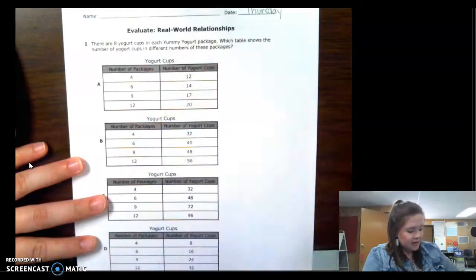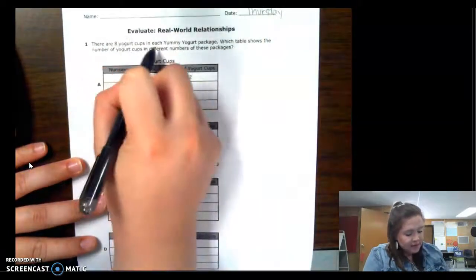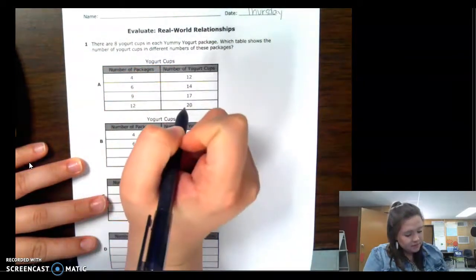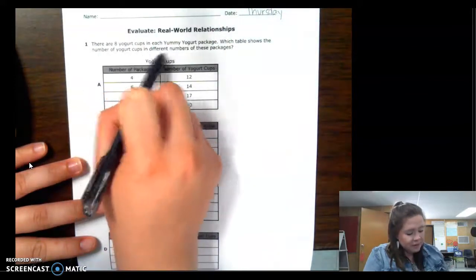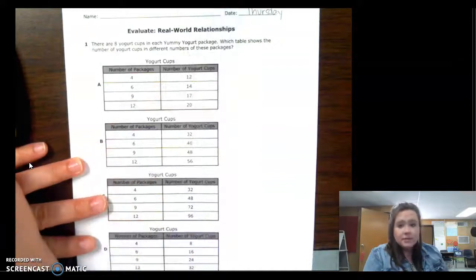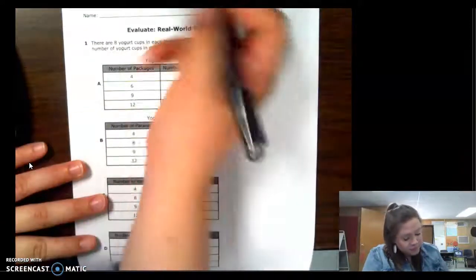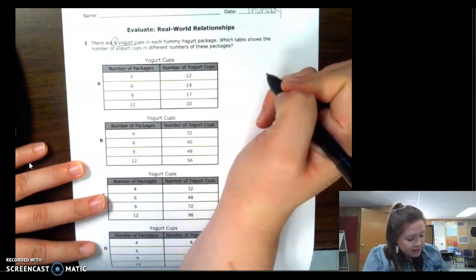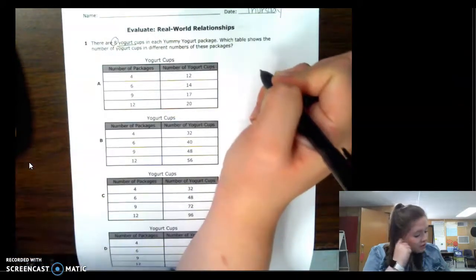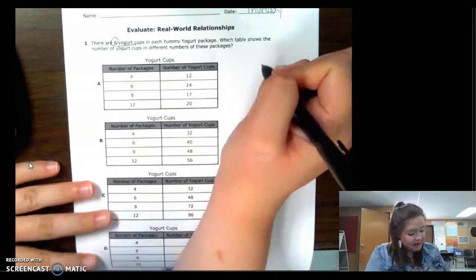Let's get started. There are 8 yogurt cups in each yummy yogurt package. Which table shows the number of yogurt cups in different numbers of these packages? Okay? There are 8 yogurt cups in each yummy yogurt package. Which table shows the number of yogurt cups in the different number of these packages?